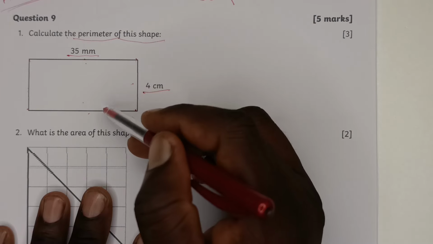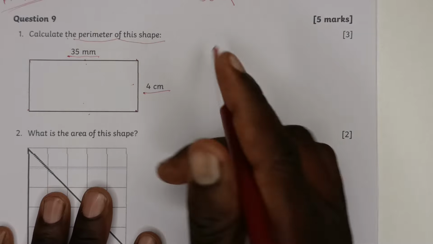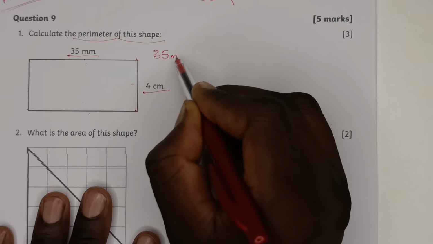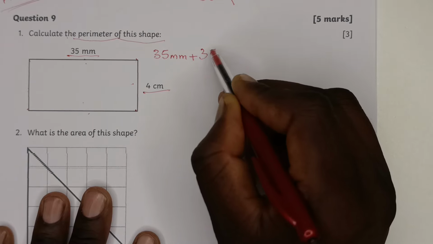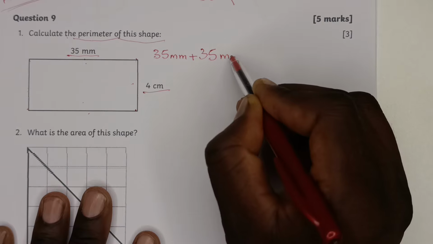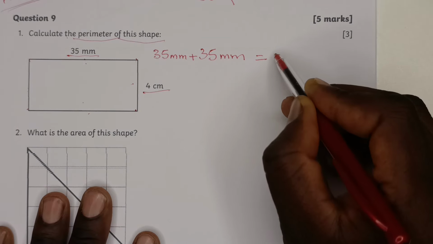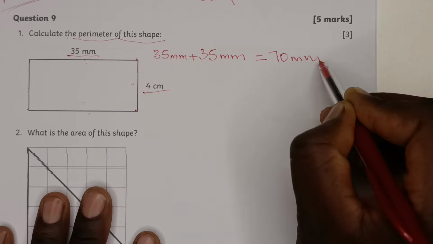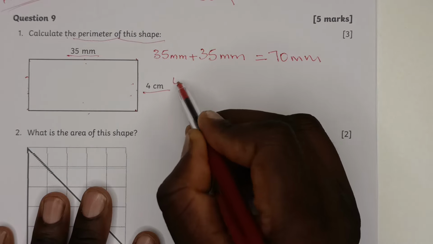Remember, this is a rectangle, and in a rectangle 2 sides are equal. So we have got 35 millimeters plus 35 millimeters, which gives us 70 millimeters.